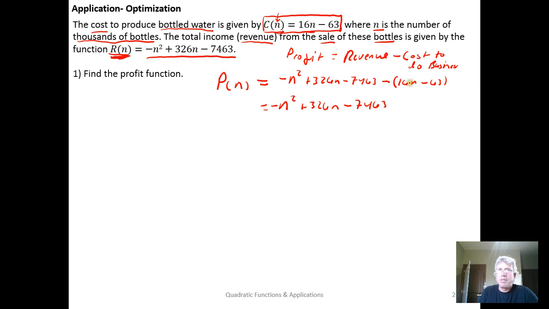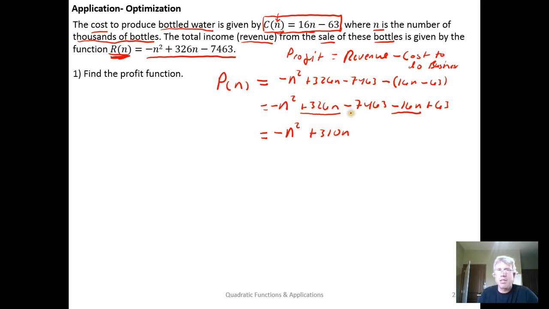7463. Now we need to distribute this minus into the parentheses, so we're going to get minus 16n, and minus is going to be plus a 63. And then we want to simplify by combining like terms, so we're going to do negative n squared, and then we're going to take the plus 326n and subtract 16n from that, which is going to give us plus 310n.